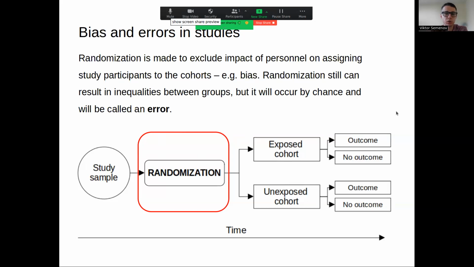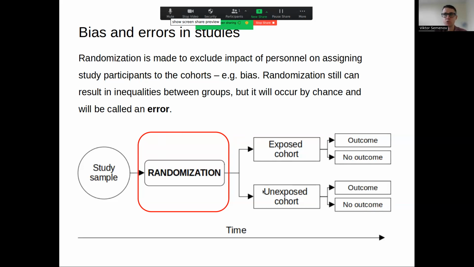And then this will introduce the bias. So bias is the deformation of cohorts, which makes some cohorts more likely to develop an outcome even without the introduction of the exposure. So if this presumption is present in the formation of exposed and unexposed cohorts, then we're speaking about bias.